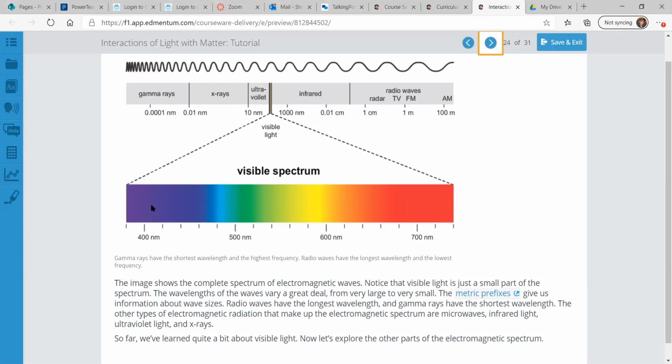You have the dark purple and blues to the reds. Reds have longer wavelengths, while these have shorter. As you can see, gamma rays, smaller, X-rays, ultraviolet, infrared, and then radio waves have the longest wavelength.